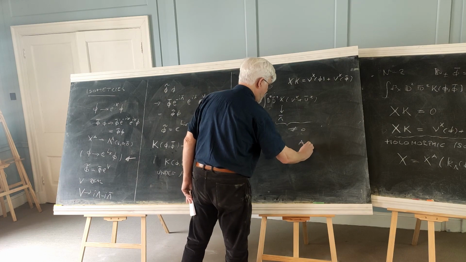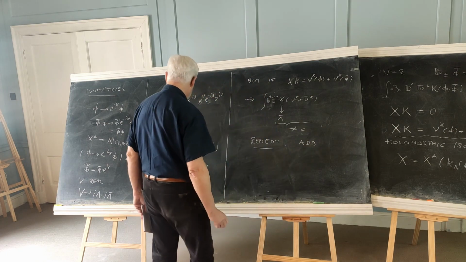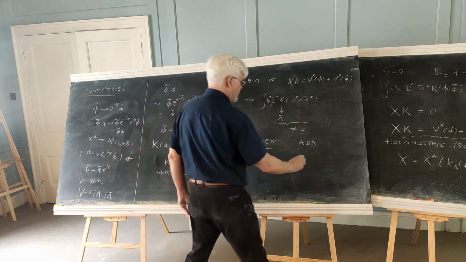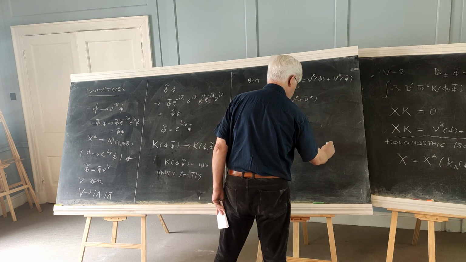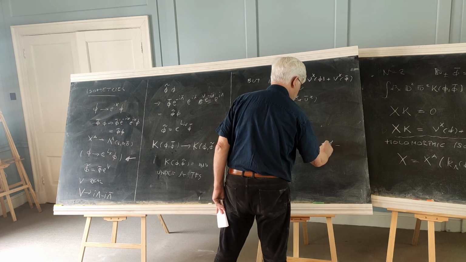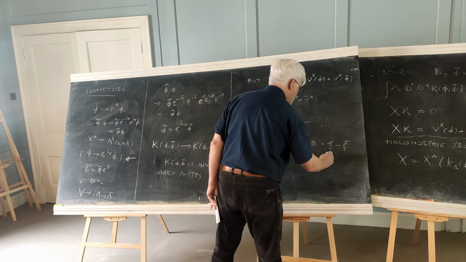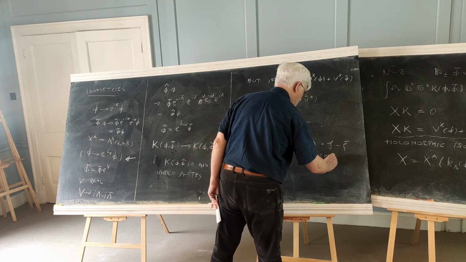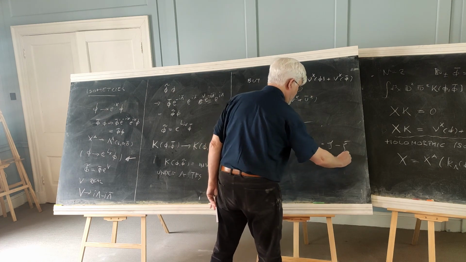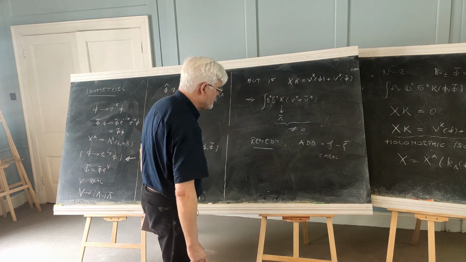So the remedy: we add to the original K minus zeta bar, where these are chiral and anti-chiral fields.